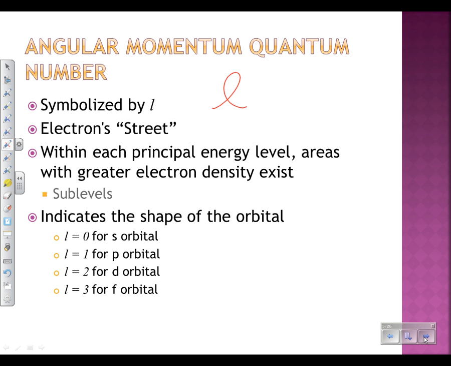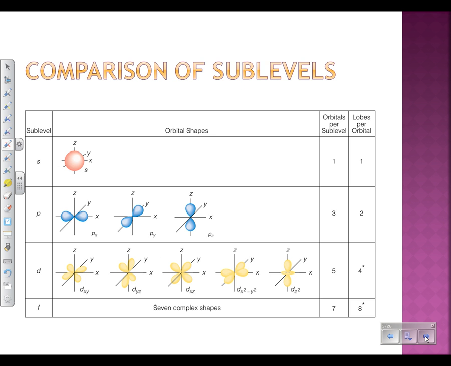Okay? S orbitals have a spherical shape, and we give them the angular momentum quantum number of L equals 0. S orbitals have spherical shape. We give them an L equals 0 quantum number.